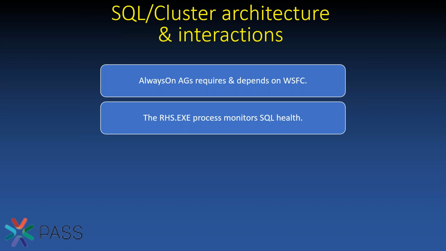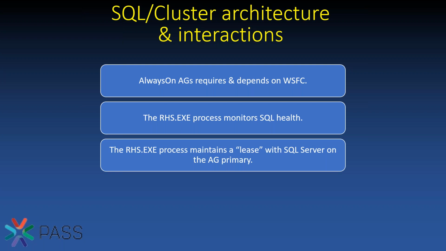The RHS process is monitoring it and making sure that it's healthy. If RHS determines that it's not healthy, then we're going to have problems, and the cluster is going to make some decisions and do things.